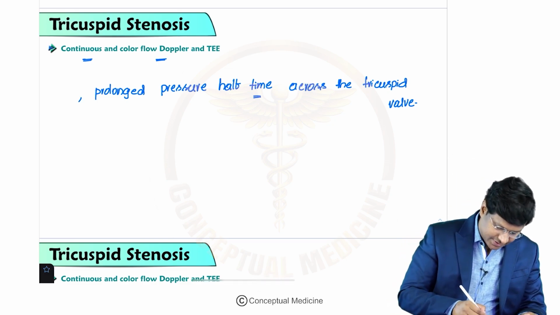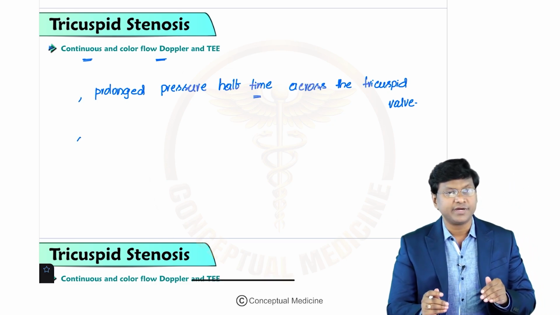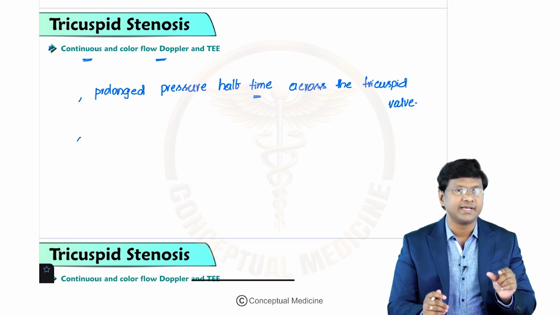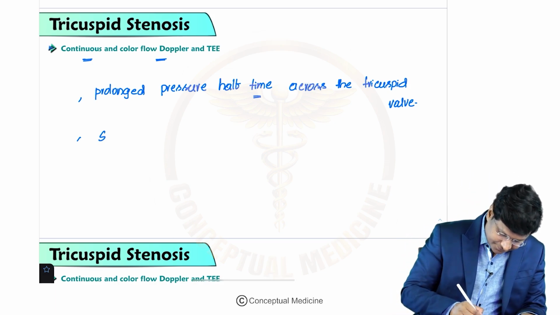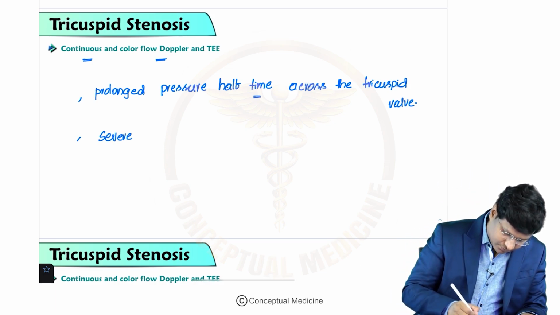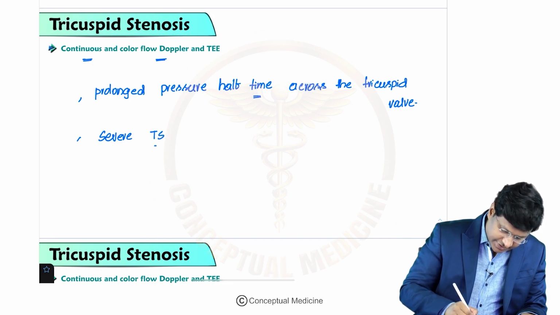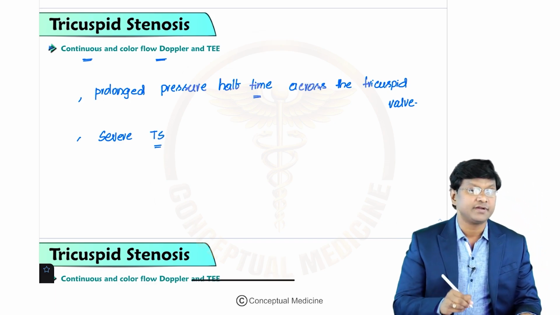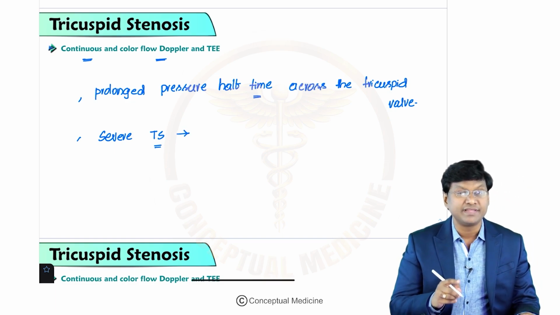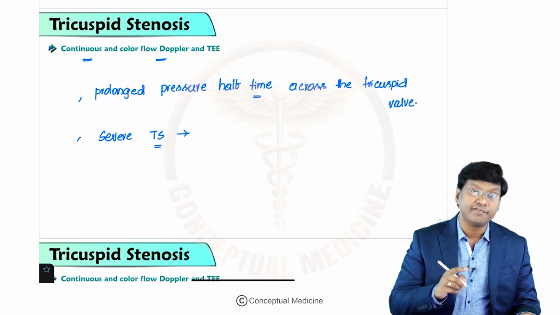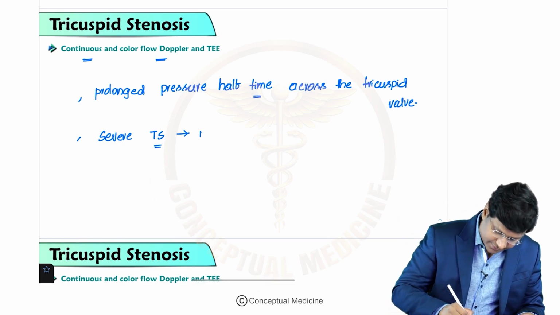Right, next. And the other important point is, what is the criteria for severe tricuspid stenosis? Severe tricuspid stenosis is present when the mean gradient is more than 5 millimeters of mercury.